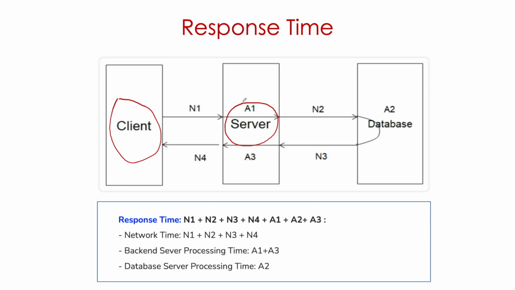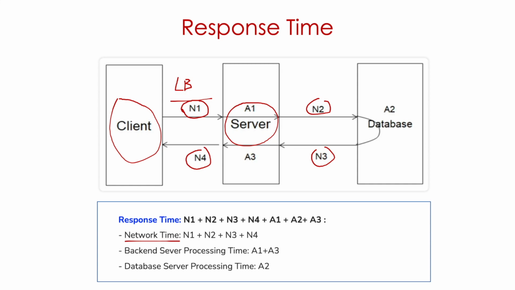Also, maybe we have some load balance between the client and the server, and then we have a database. So obviously, we can see the network time is the total time, including the N1, N2, N3, and N4. Okay, that's the network time.